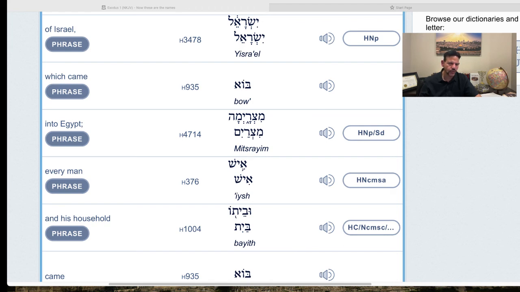The dagesh removes out of the letter beit, reduces it from a B to a V, and uveto. What's the O at the end? The vav with the dot on top, the O, means "his," as a suffix. So uveto means each man his house, or his household.